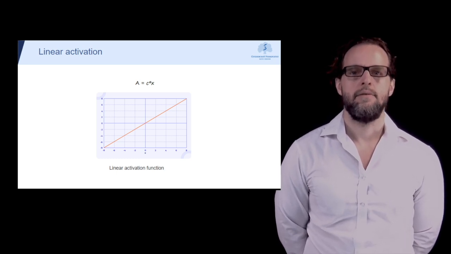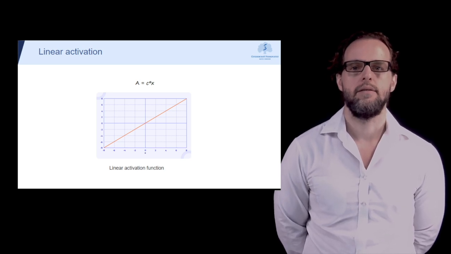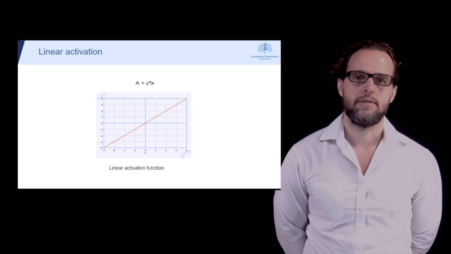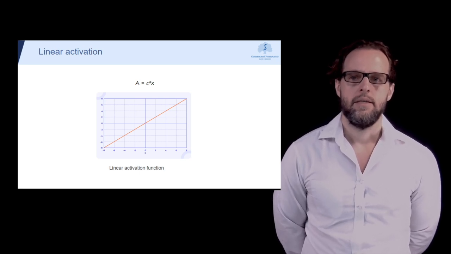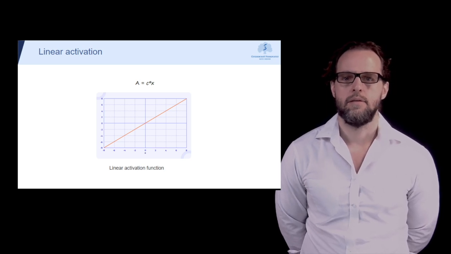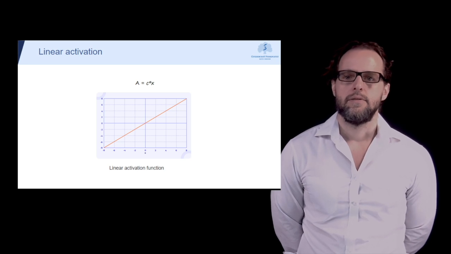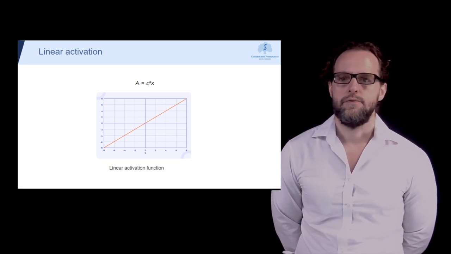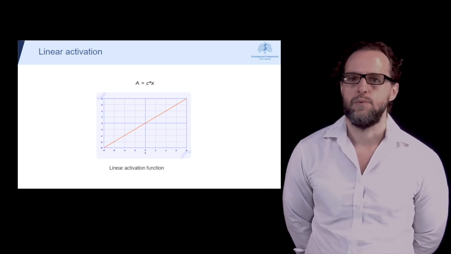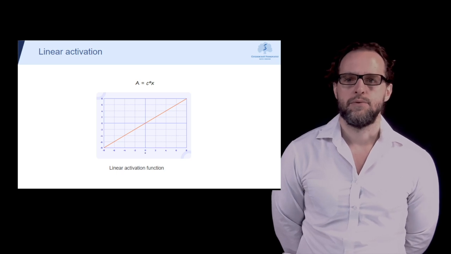In this case, the first thing we will look at is the linear function. A linear function is a straight line and is proportional to the input, that is, the weighted sum of the neuron. This choice of activation function allows us to obtain a spectrum of values and not just a binary response.